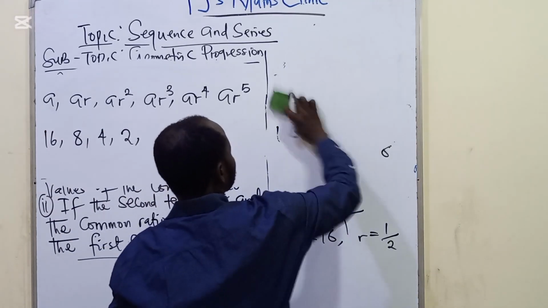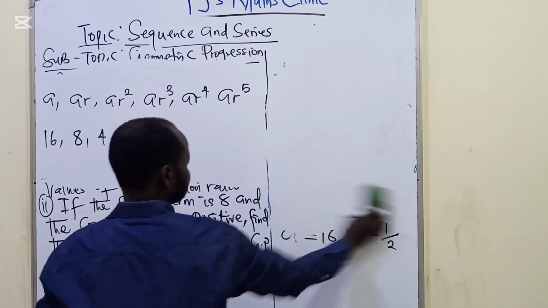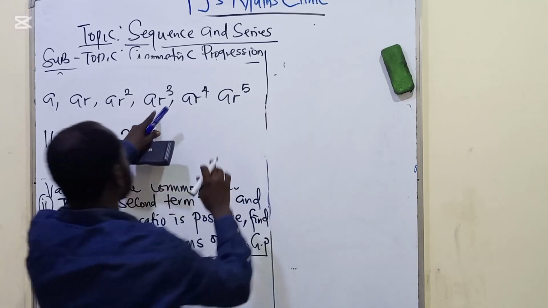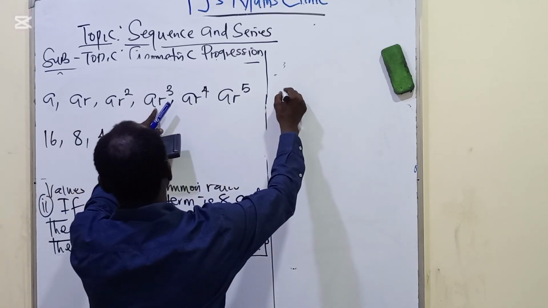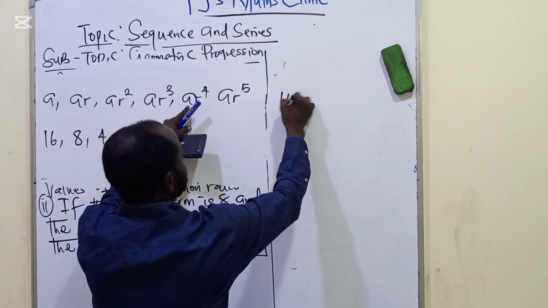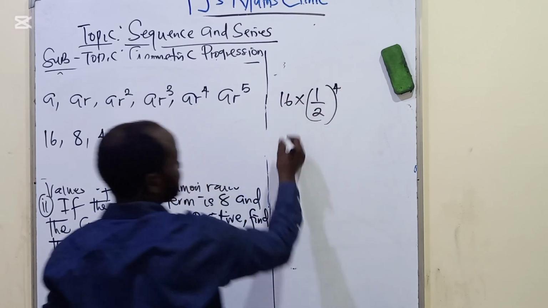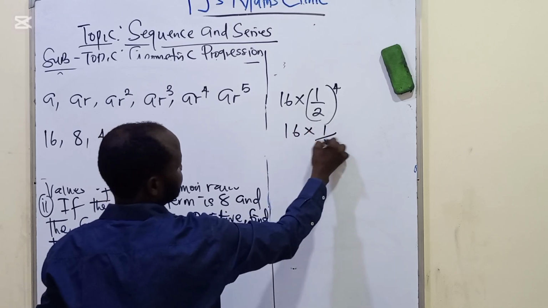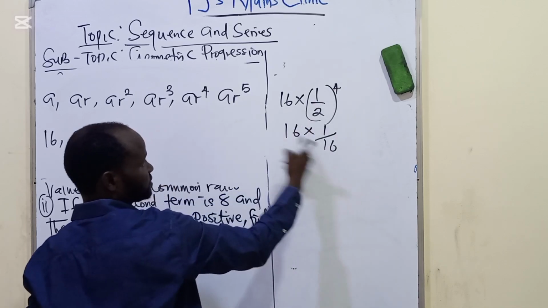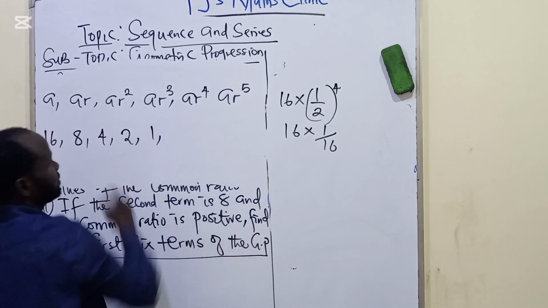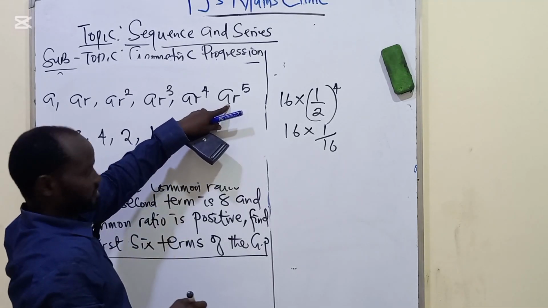The fifth term now, let's get the fifth term. A is 16 times (1/2)^4. This will be 16 times 1 divided by 16. That's 2^4 is 16. 16 divided by 16 is 1. The last but not the least is the sixth term.